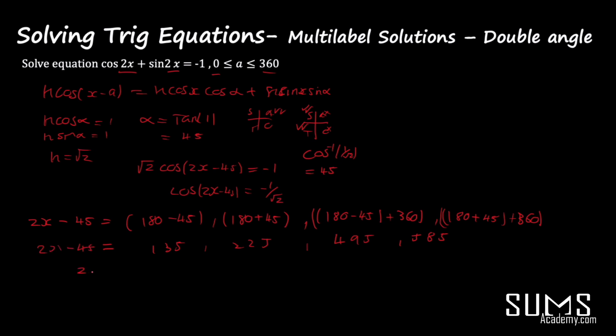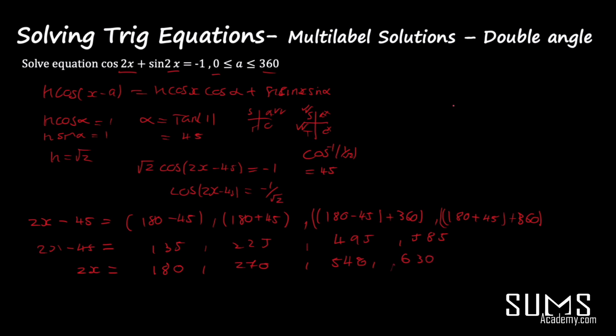You then bring the 45 over into each one, and you could have skipped this step, it could have cancelled, but sometimes it won't be a nice number that cancels, but for the sake of this question, it's a nice number that cancels. So 180, 270, 540 and 630. Okay, cool.